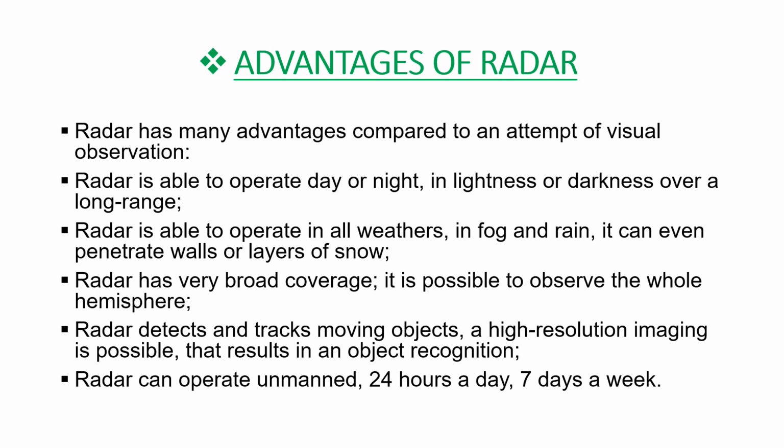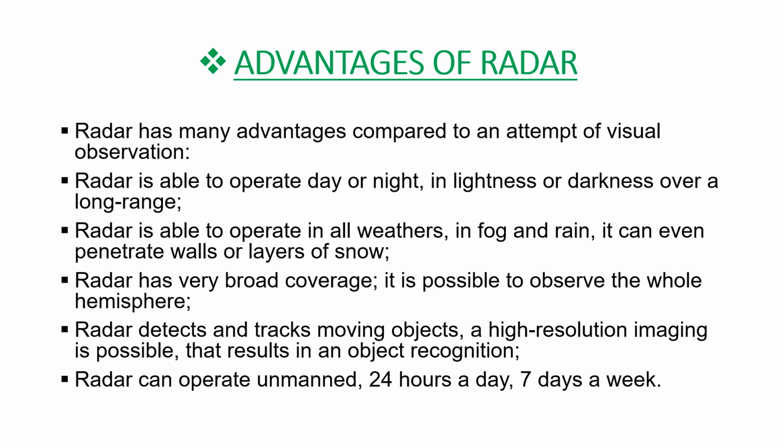So here we go through the advantages of radar. Radar has many advantages compared to an attempt at visual observation. Radar is able to operate day or night, in lightness or darkness, over long range. Radar is able to operate in all weathers, in fog and rain. It can even penetrate walls or layers of snow. Radar has very broad coverage.